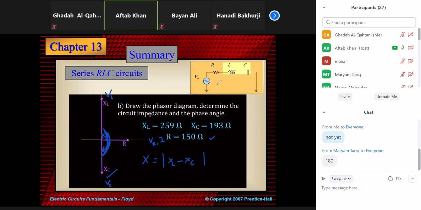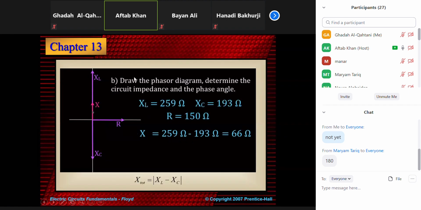So let's see now the cases, what will happen. When we find the total reactance X, or X total, which is the absolute value or difference of XL minus XC, here is going to be X.